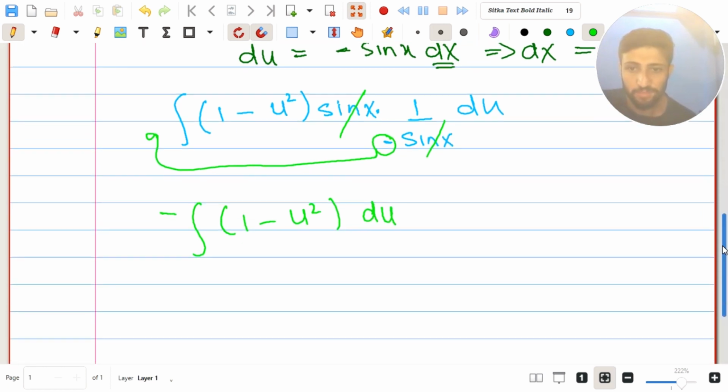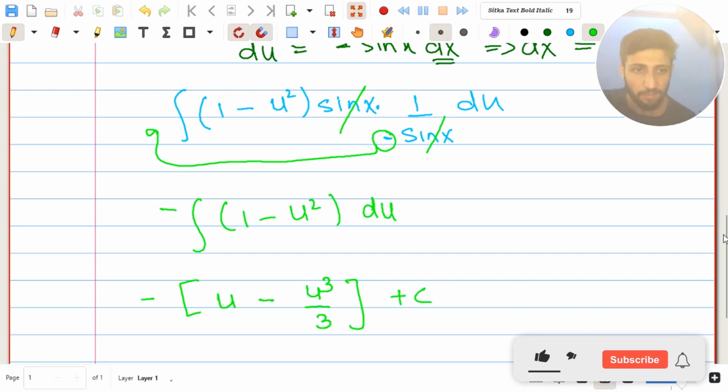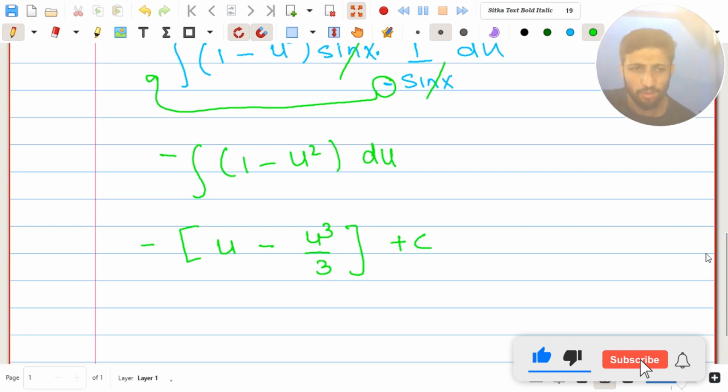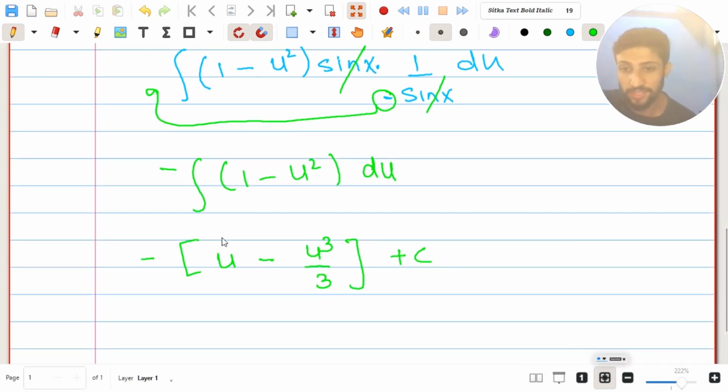This is really simple, you just need to integrate 1 and u squared over du. So I will get minus into u minus u cubed divided by 3, plus c. Plus c is the constant that we add, because this is an indefinite integral, as I have no upper bound and lower bound.